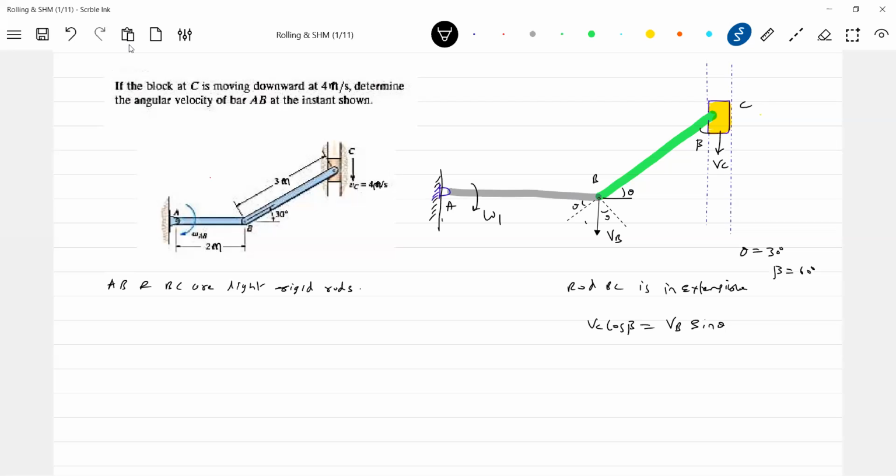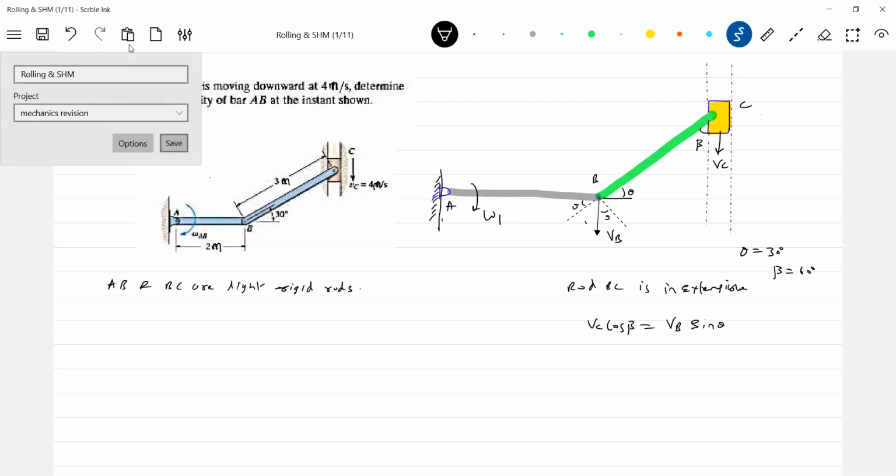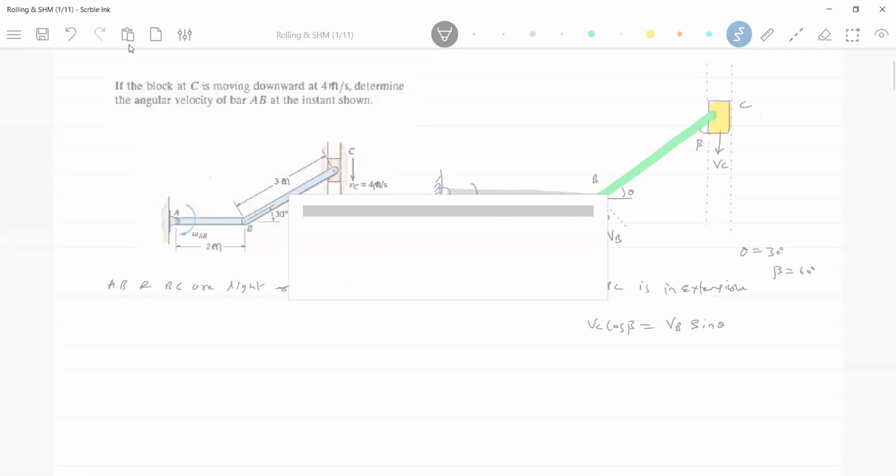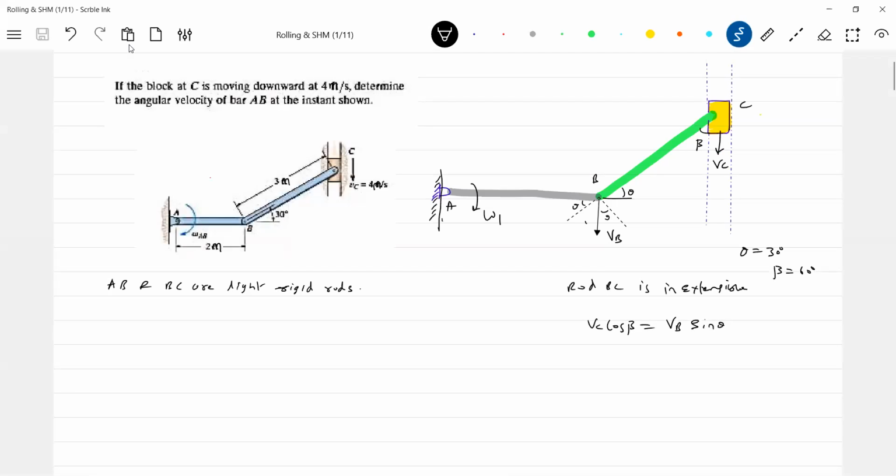Maybe it is some foreign author's book where they use feet everywhere. So this will be 4 cos beta, cos 60, equals VB sin 30. So VB is 4 meters per second. The velocity of point B of the rod is 4 meters per second.